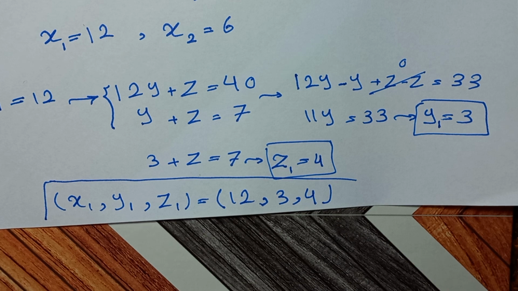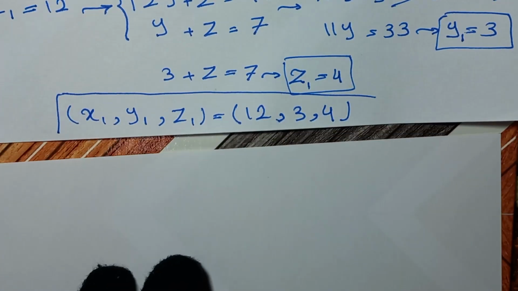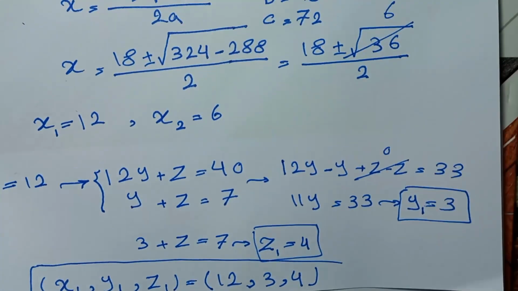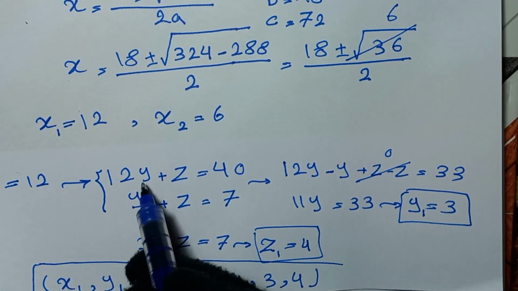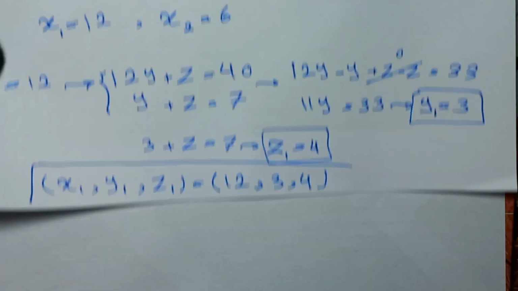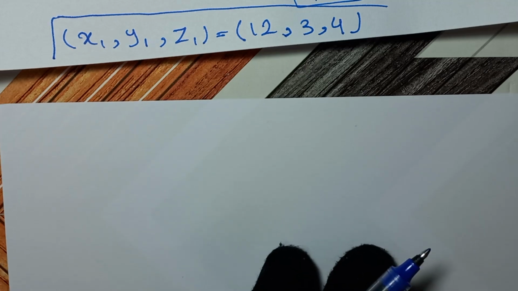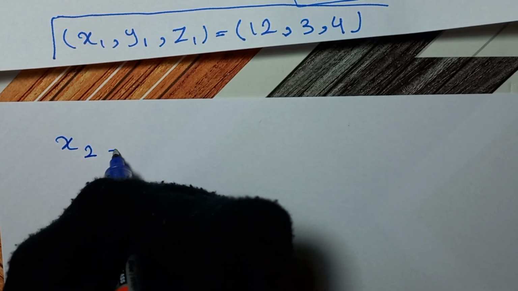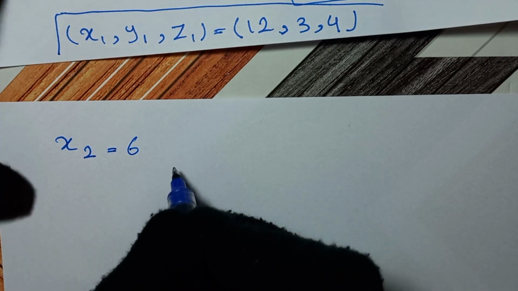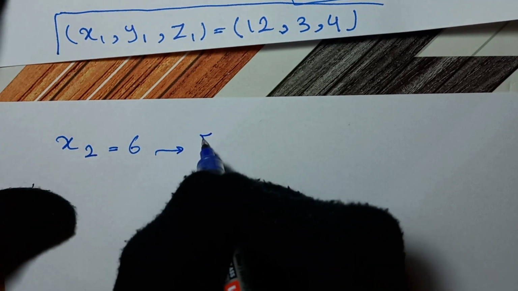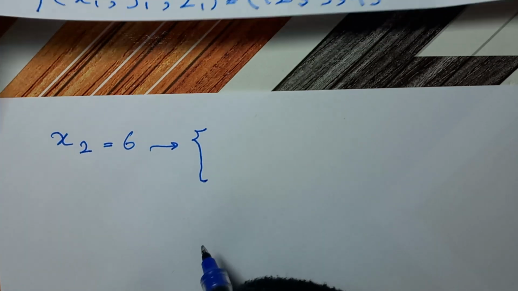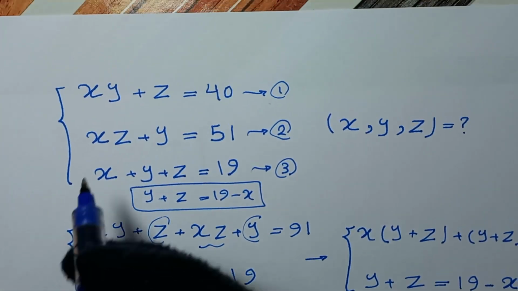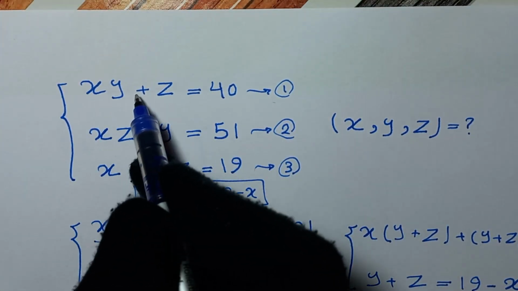And in the next step, we find the value of y and z for x2. So we write x2 is equal to 6, and here, from equation 1, xy plus z is 40.